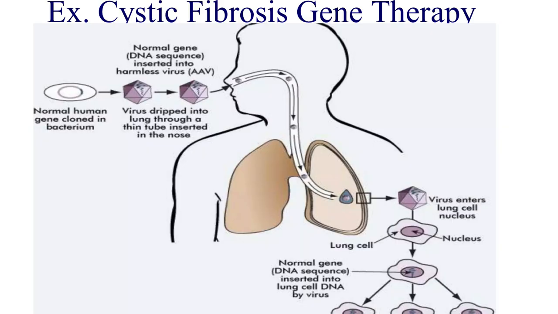So you can have gene therapy even if you are already born. Here in this example we've inserted the normal human gene into the plasmid of a bacteria. We let that bacteria culture over and over.